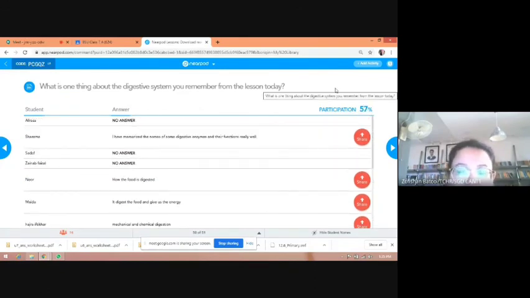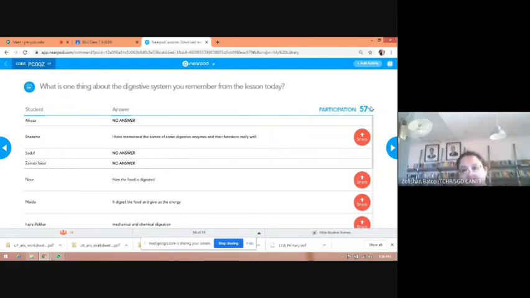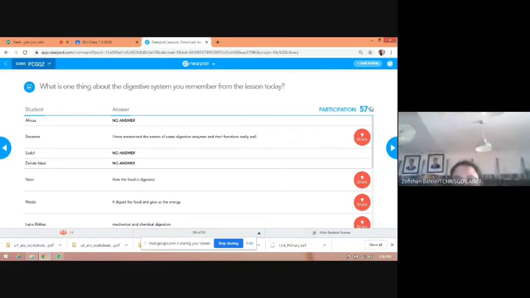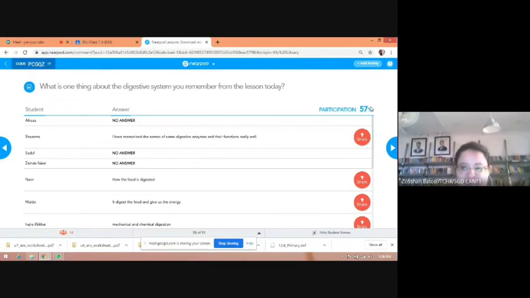I have memorized the names of digestive enzymes. Wow, that's really good. You should memorize the names of these digestive enzymes. You should know the names of different digestive enzymes, where they are produced, where they are released in your body, and what is their function. This is how it will come in the paper.